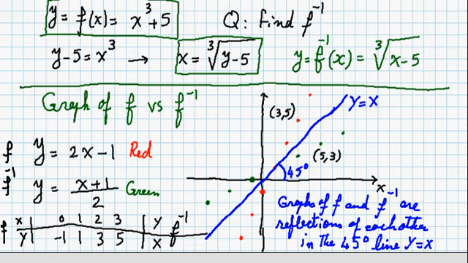Now let's go to the next page. Let's draw a very simple example of a function and its inverse. Suppose I have a function that simply consists of this line segment from here to here.